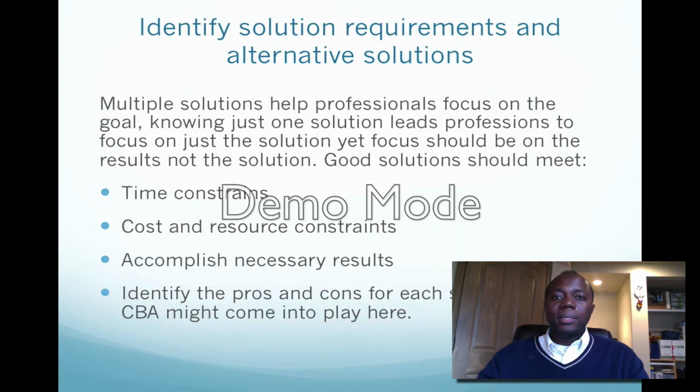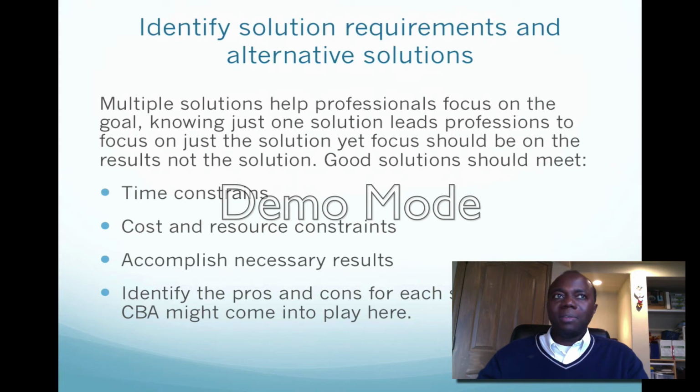Identify solution requirements and alternative solutions. The key here is that multiple solutions help professionals focus on the goal. Knowing just one solution leads professionals to focus on just the solution, yet focus should be on the results, not the solution. Good solutions should meet time constraints, cost and resource constraints, accomplish necessary results, identify the pros and cons for each solution.